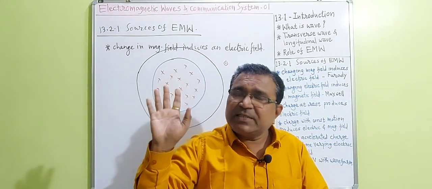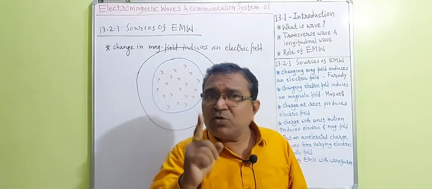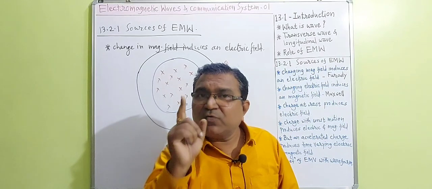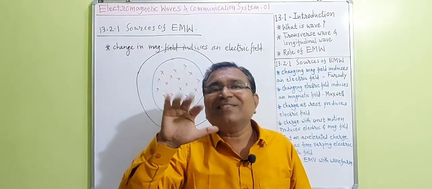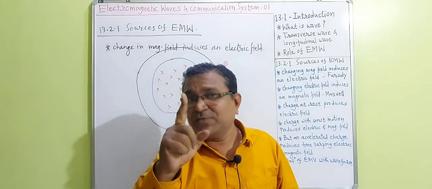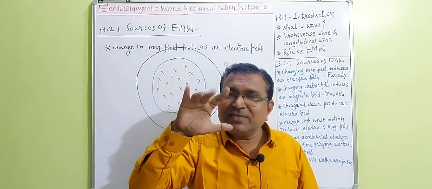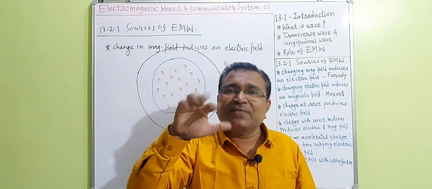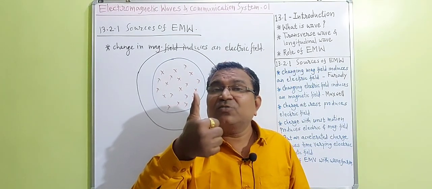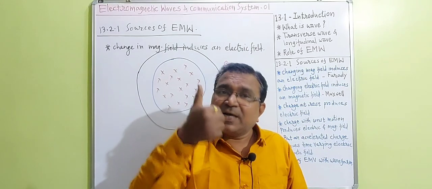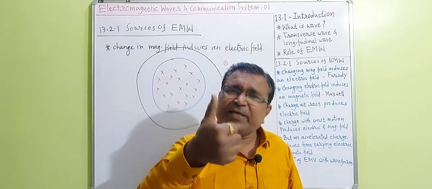Before explaining this diagram, I want to tell you one thing. These four fingers suggest the direction of the magnetic field. This thumb suggests the direction of the electric current, the direction of the electric field.